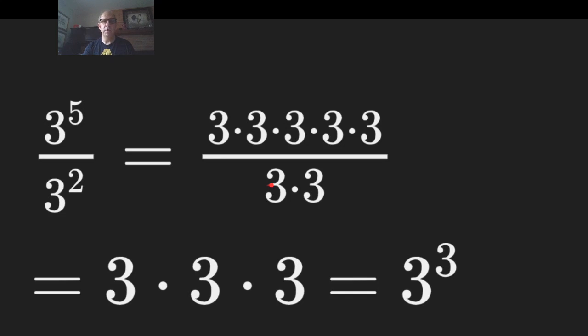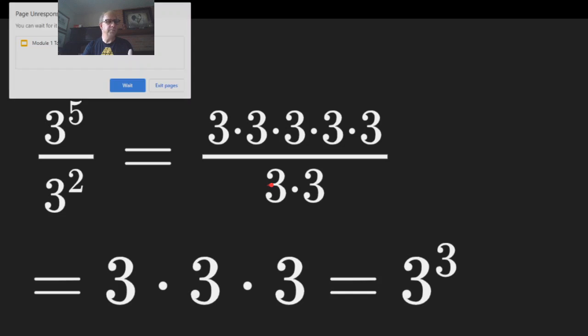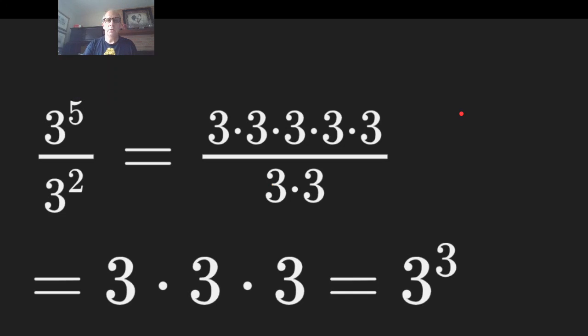So these 3's, 2 on top and 2 on the bottom, they cancel each other out. So I would be left with 3 times 3 times 3. And so my answer is 3 to the 3rd power. Okay?